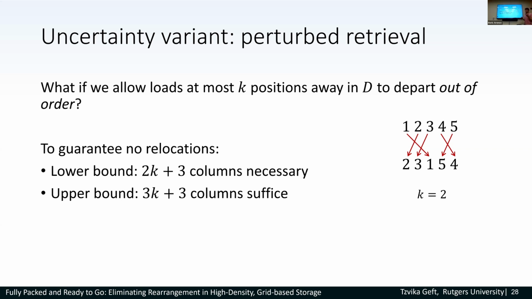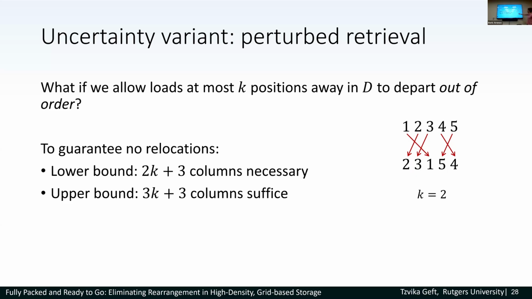Well, great. If this works so well for the fully online case, when does it stop being so easy? What if you have some uncertainty, right? Because you might not know the departure sequence with 100% certainty. So we introduced this notion that allows a perturbed departure sequence. You allow loads that are at most k positions away originally to swap, to depart out of order.